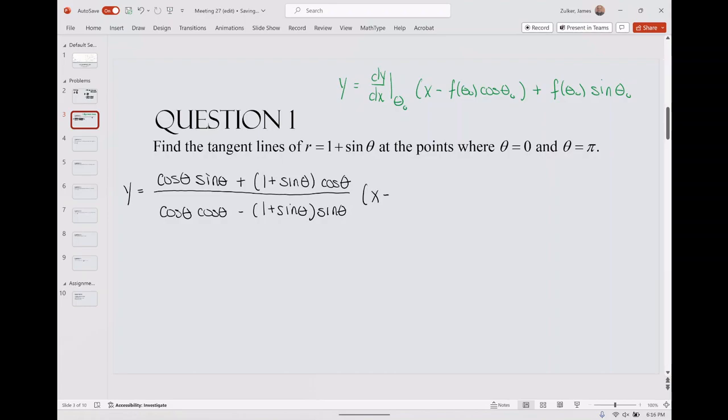Well, that's going to be times x minus f of theta, r times cosine of theta, plus r times sine of theta. We want to evaluate that at two points.